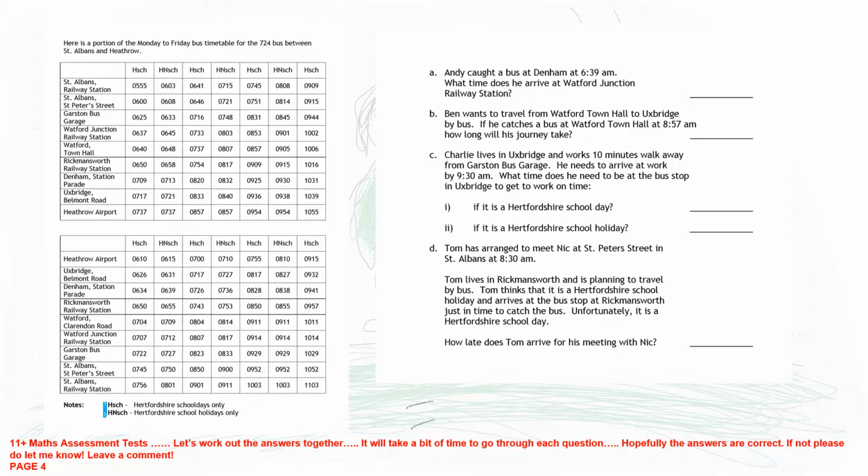So you have to go from Denham. The bus that starts from Heathrow Airport, he takes the bus at 6:39, so which is this bus. So he took this bus and then he will arrive at Watford Junction railway station.